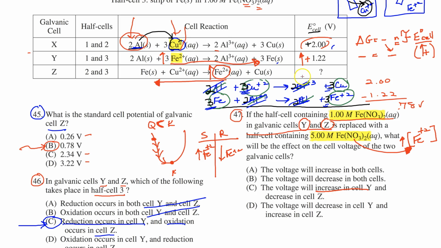This battery's dying, has less ability to go forward, so the voltage cannot be as high. So there's a decrease in Z. And that's why choice C is the answer. A little Le Chatelier's problem. Don't forget that the greater the positive volts, the more spontaneous the forward reaction is.